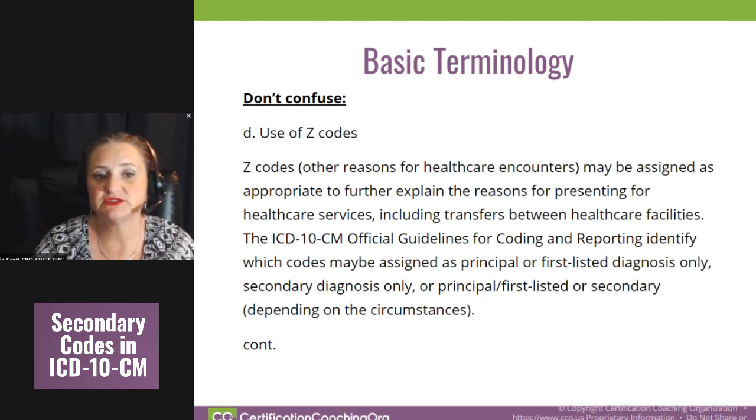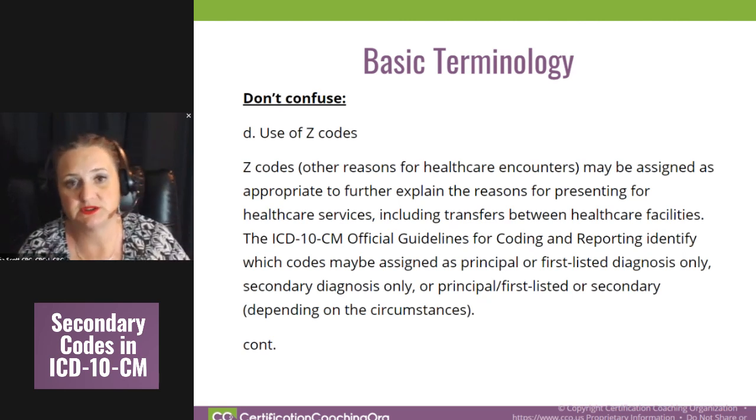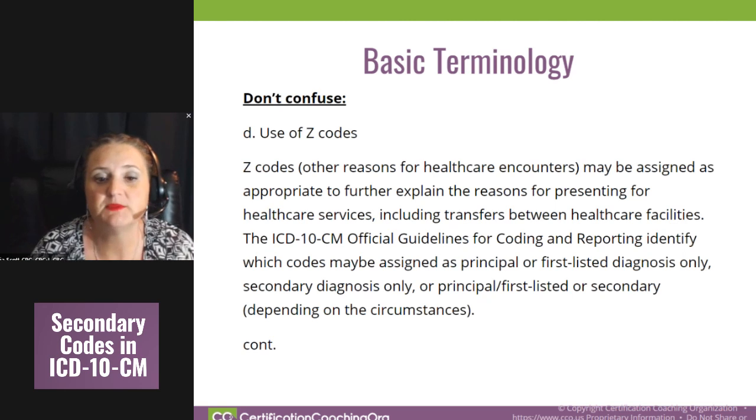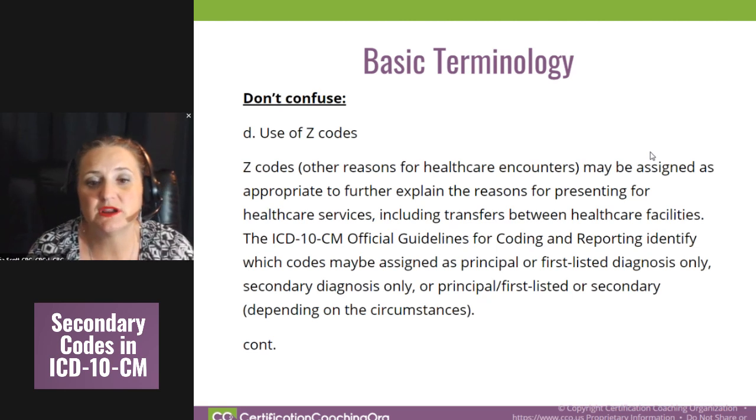Now, principal diagnosis and first listed diagnosis, the difference in that terminology is one is for inpatient and one is for outpatient. Same thing with principal, first listed, or secondary, depending on what's happening with the patient. So Z codes, a little more information.